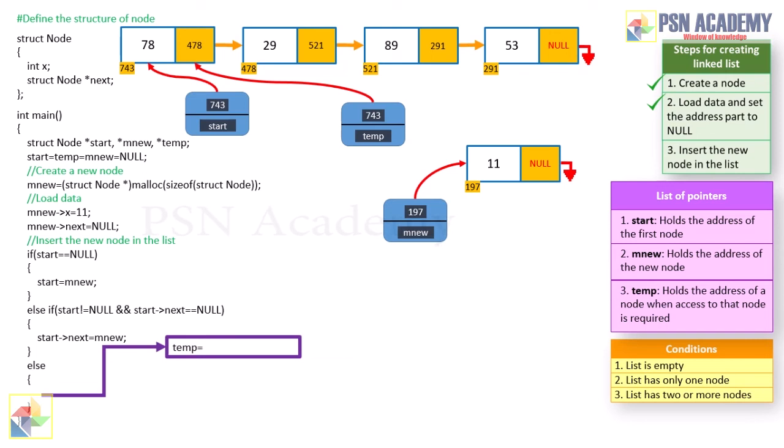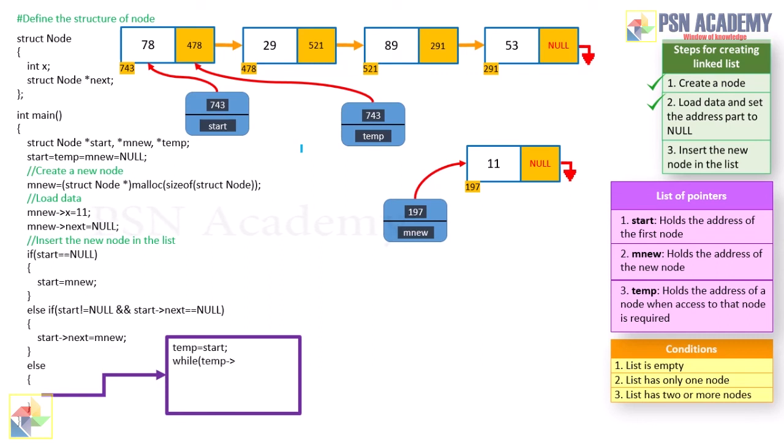Write this: temp equal to start. That means temp is holding the address 743 now. Okay. Now you run a while loop where you check whether temp next is null or not. Now you see that at present temp next is 478.